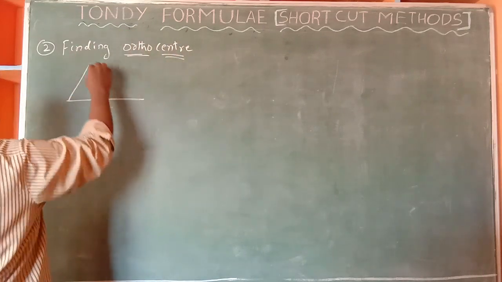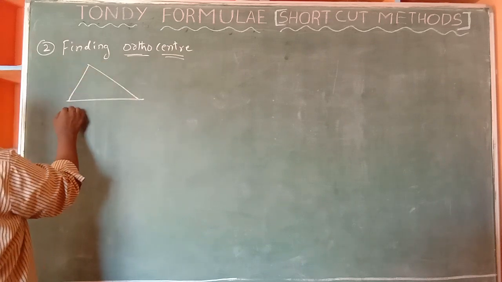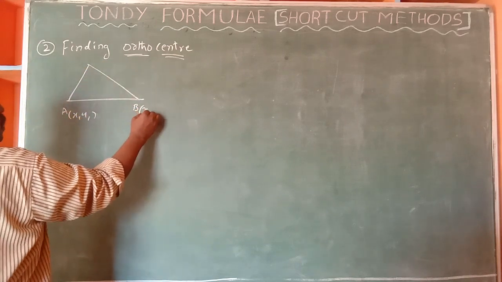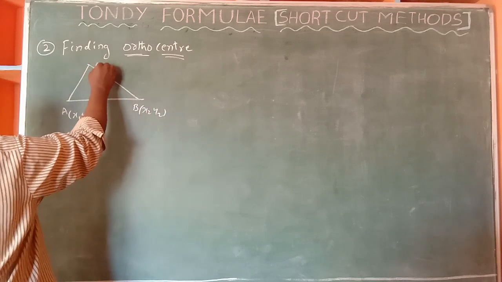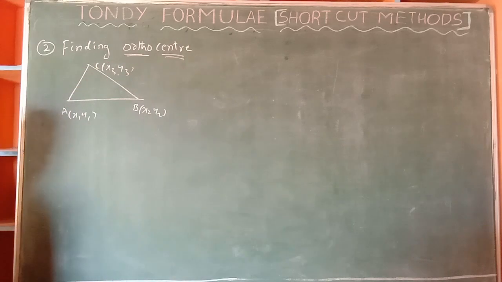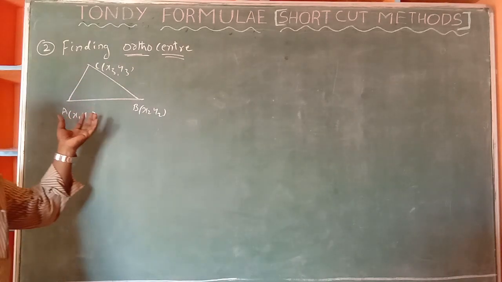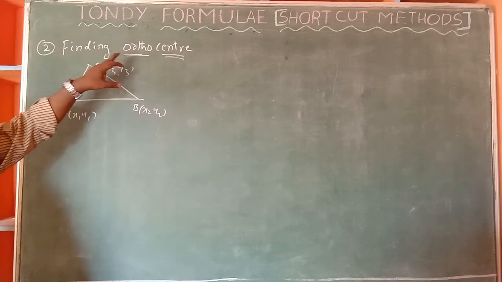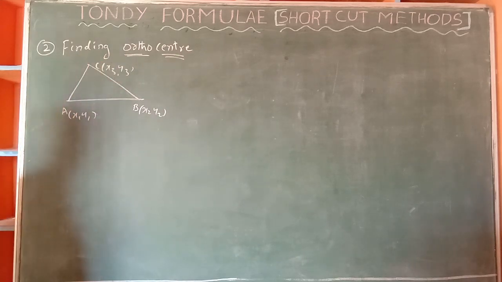Suppose a triangle is like this, with vertices A (x1, y1), B (x2, y2) and C (x3, y3). We are given the vertices of the triangle and we are asked to find the orthocenter.